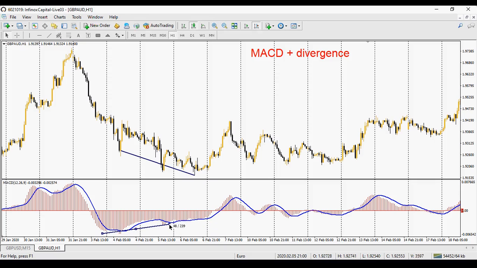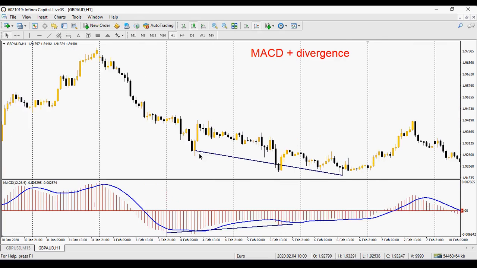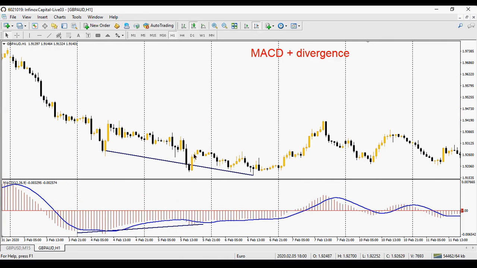There was one that happened here, which definitely, if you saw this, you could have entered the market around it because this was a bullish engulfing candle. This could have been an entry for you on this first ridge here.